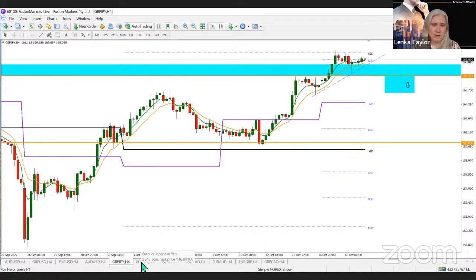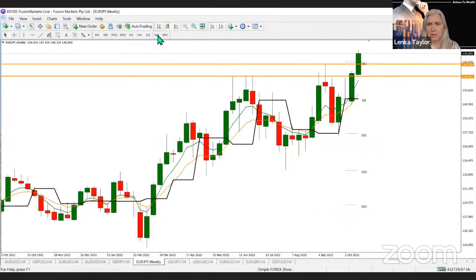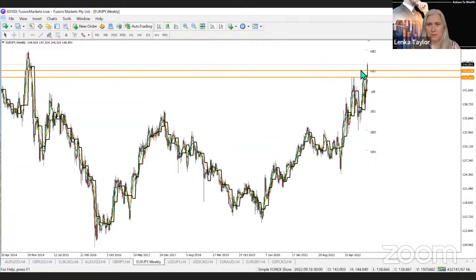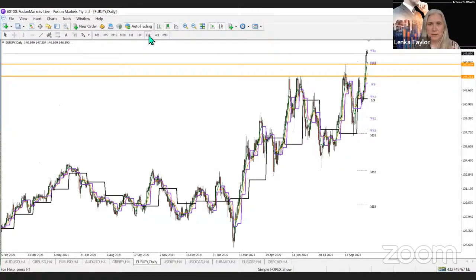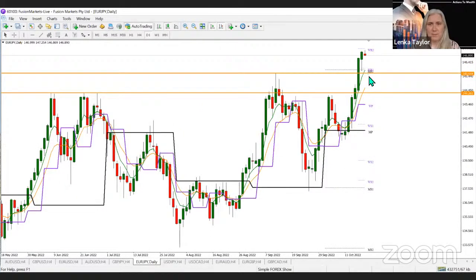Next currency pair I'm looking at is EURJPY. And here again, I'm looking at short. On the weekly, we have broken above those recent two highs. But in the past, that price action above that level wasn't sustained. So I'm looking to see if price will come back.